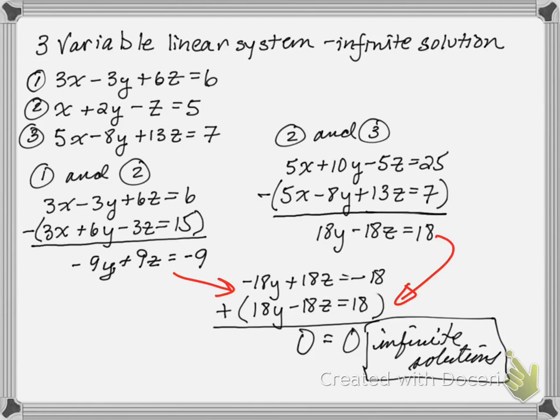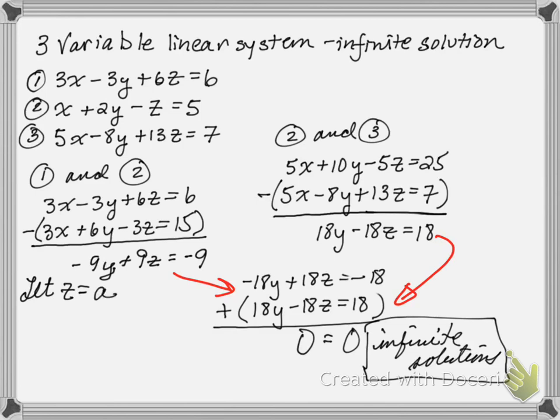We are going to express the infinite solutions in terms of another variable. How am I going to do that? I am going to arbitrarily select y or z. Not entirely arbitrarily, because it's typical to select z. And I'm going to say that we are going to let z equal a.